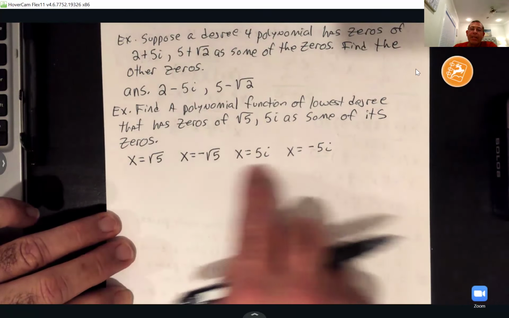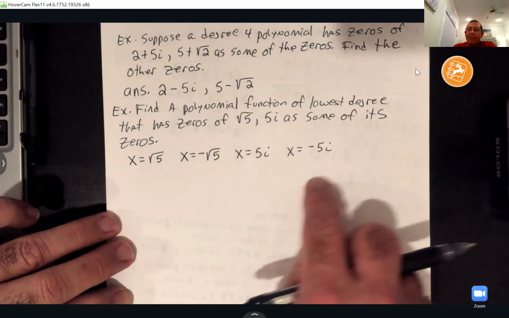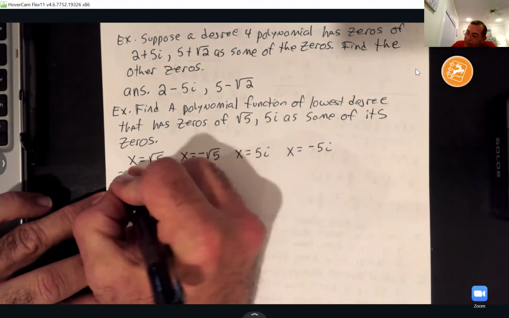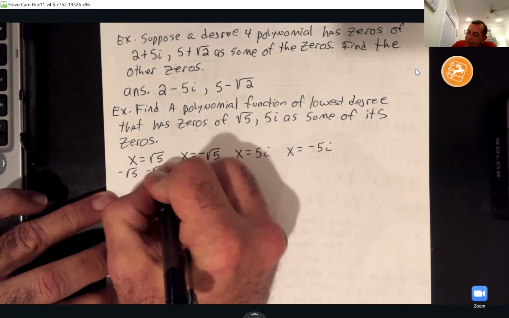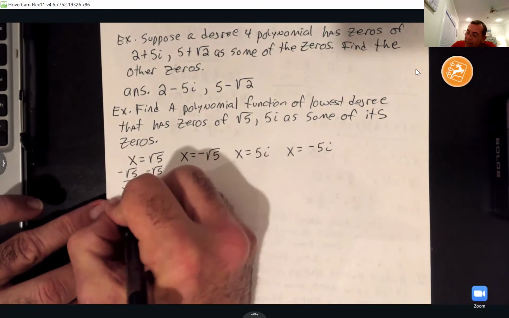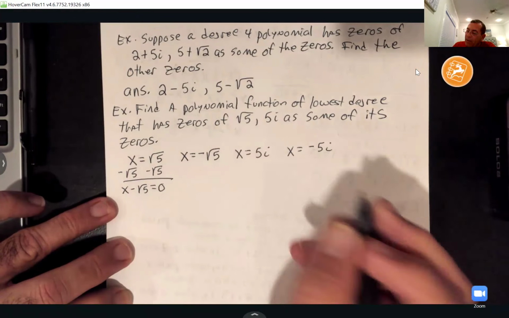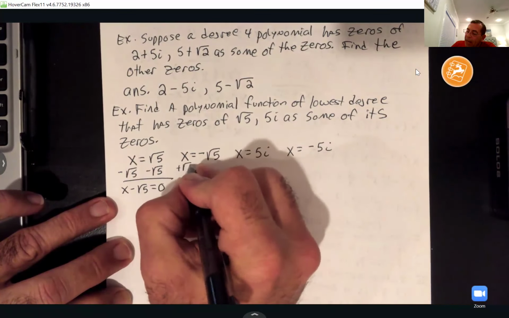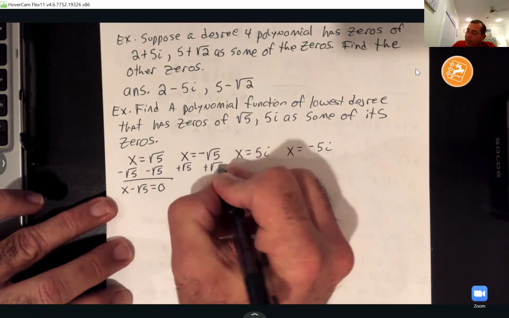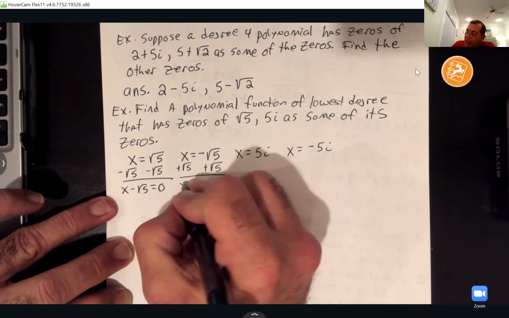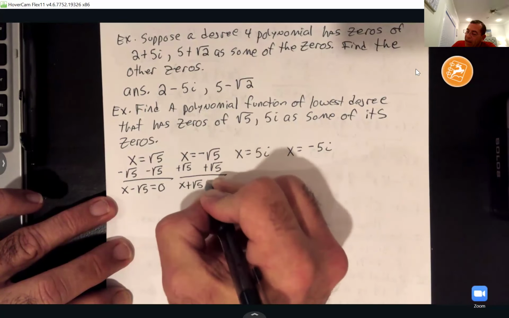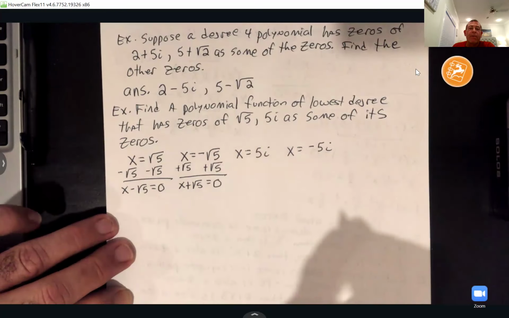All right, so let's get a 0 on the right side by adding and subtracting. So minus square root of 5 on the first, I get x minus square root of 5 equals 0. Here, I will add square root of 5: x plus square root of 5 equals 0.